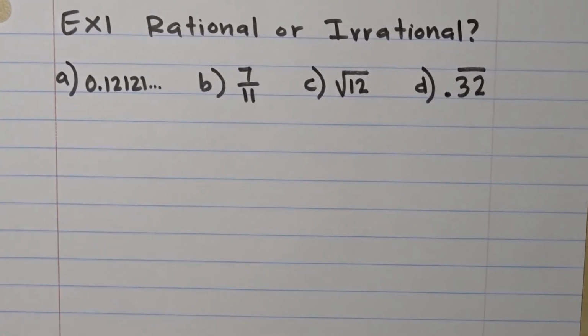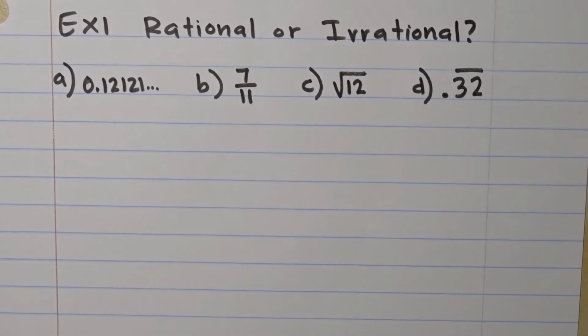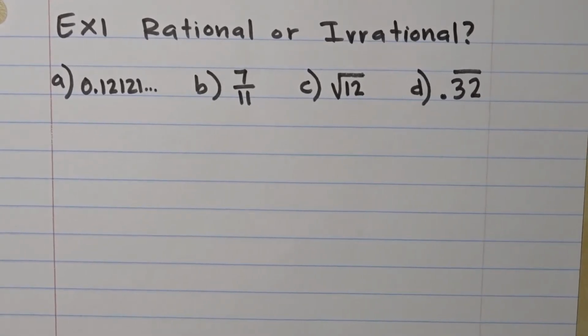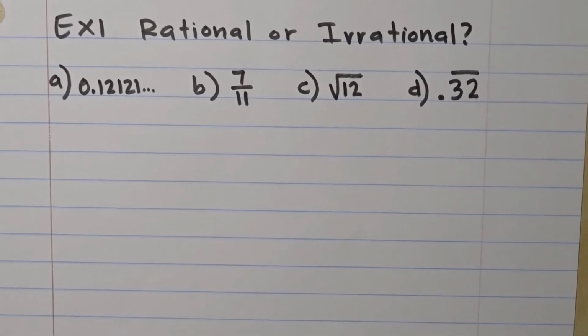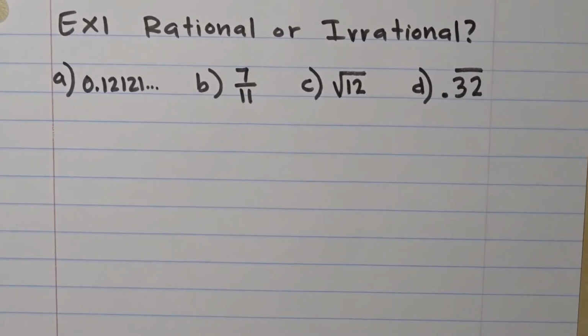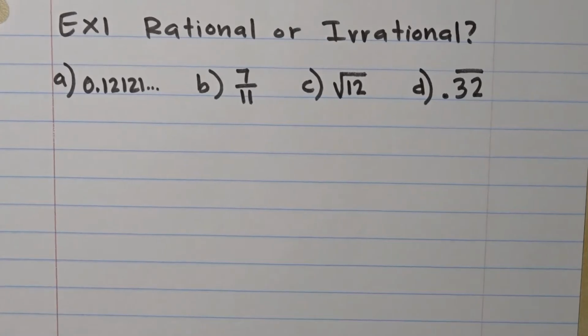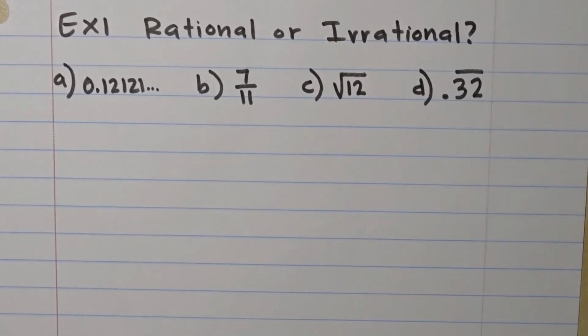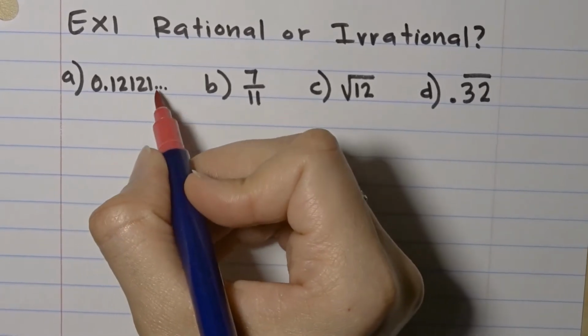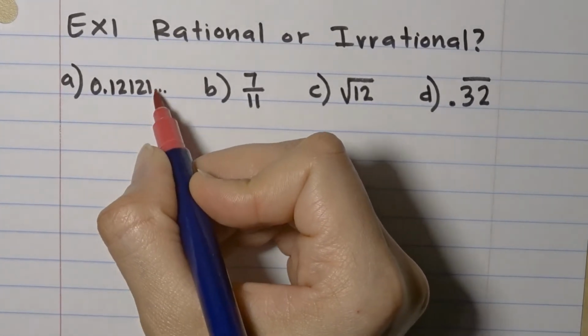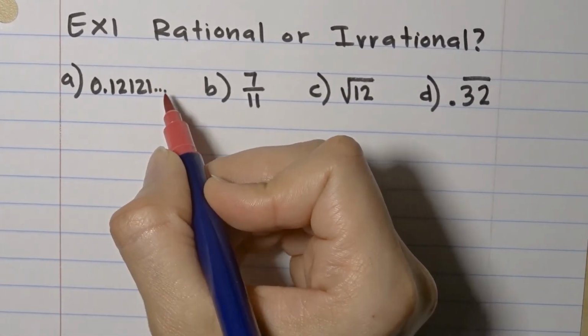So let's look at the first one. Is that rational or irrational? Remember, rational is simple, easy to understand, predictable, and it can be written as a fraction. Irrational means it's got no pattern, there's no way of predicting the next decimal in line. So in this case, if I ask you what comes next after 1, you would say 2. And then next, you say 1, and then you say 2, and then 1.